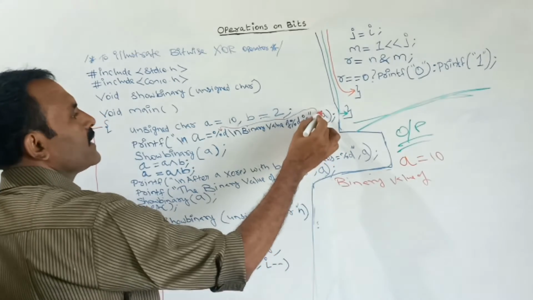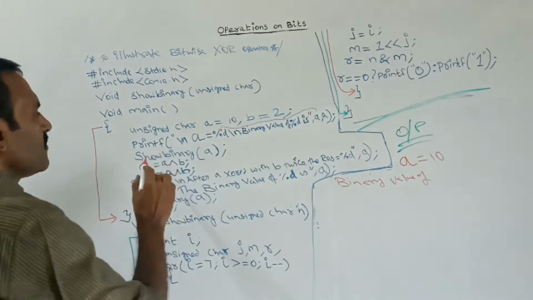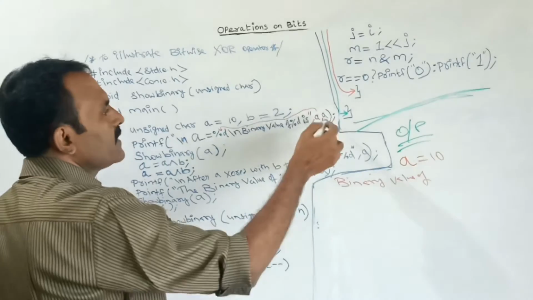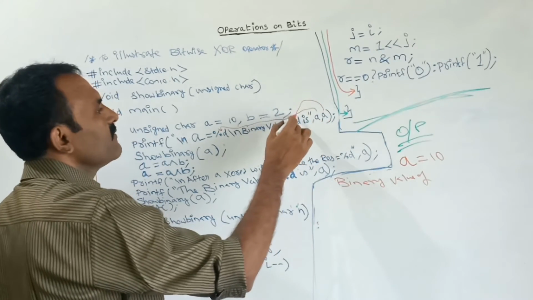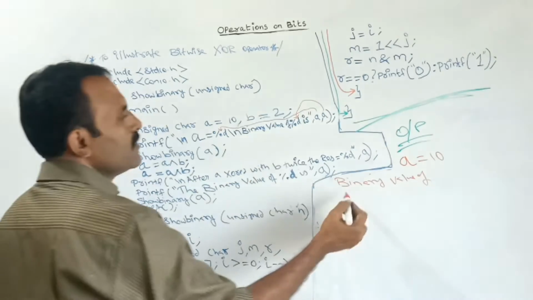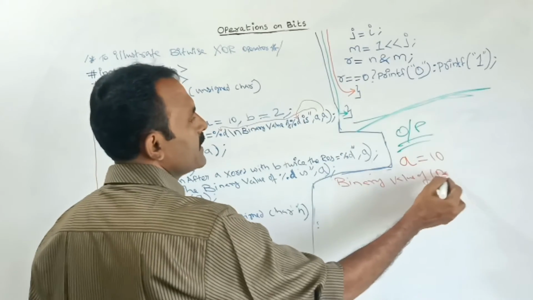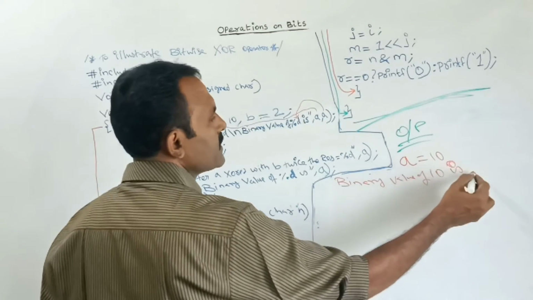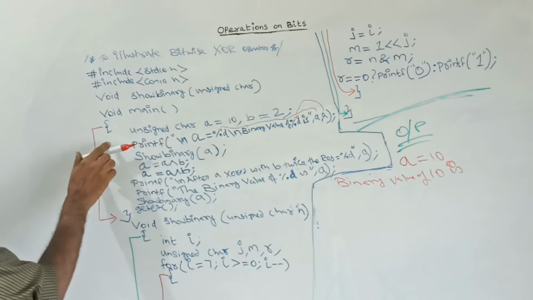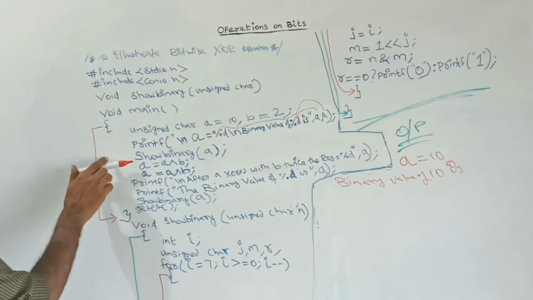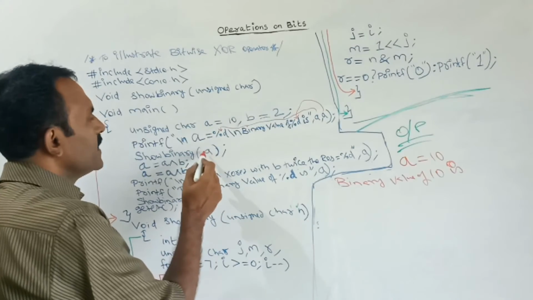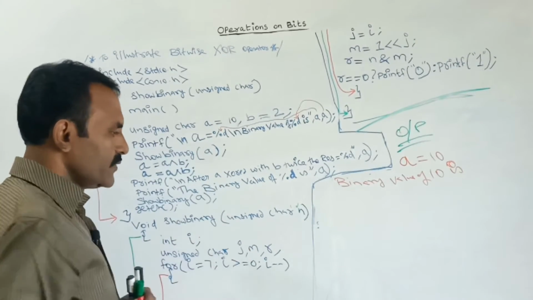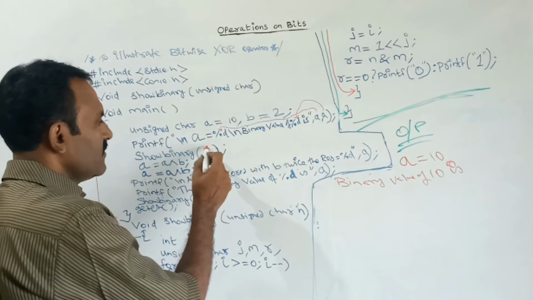Here in the second format specifier I had given A as well, so again the A value will print here, that is binary value of 10 is, this message will display like this. Next, after this step, for binary of A, I am passing the value A to the user defined function, so binary. Now what is the value of A?